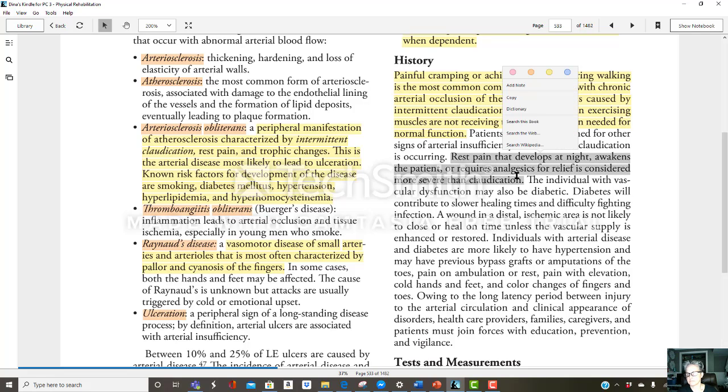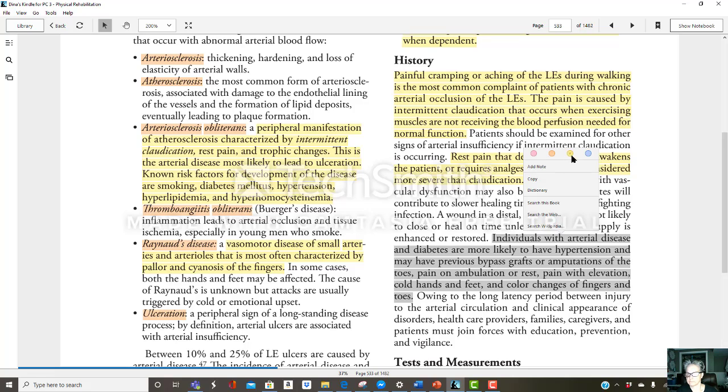The individual with vascular dysfunction may also be diabetic. Diabetes will contribute to slower healing times and difficulty fighting infection. A wound in a distal, ischemic area is not likely to close or heal on time unless the vascular supply is enhanced or restored. Individuals with arterial disease and diabetes are more likely to have hypertension and may have previous bypass grafts or amputations of the toes.